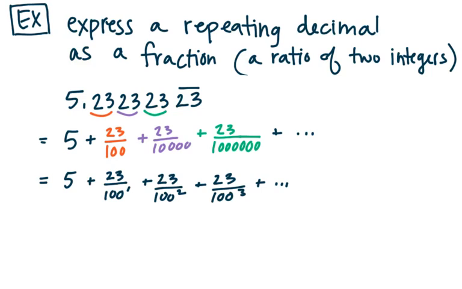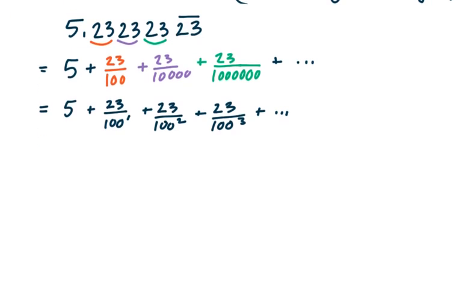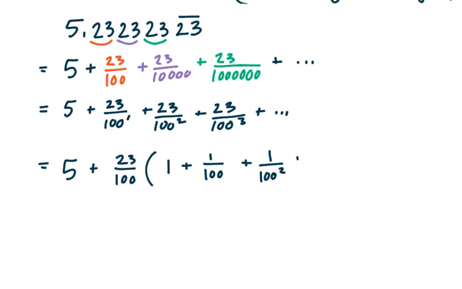And you don't have to factor out a 23 over 100, but it kind of makes it a little nicer to look at, so I'm going to do that. 5, if I factor out 23 over 100 from those terms, what that leaves me with is 1 plus 1 over 100 plus 1 over 100 squared, continuing along. And so what I have in the parentheses here, this is a geometric series, right?